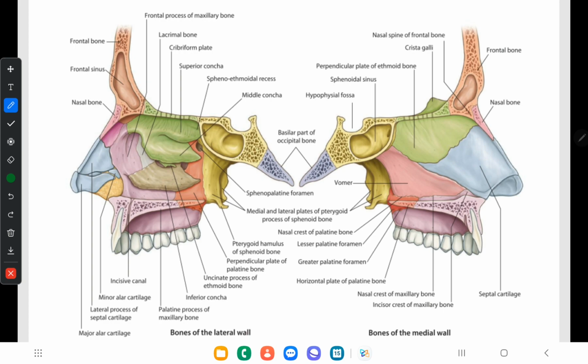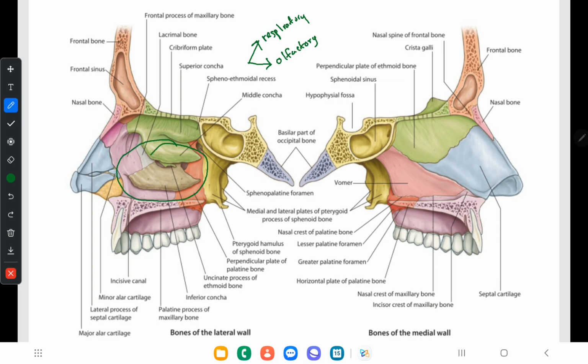When we talk about the nasal cavity proper, it is subdivided functionally into respiratory and olfactory areas. The respiratory area is large and it is covered by pseudostratified columnar ciliated epithelium.